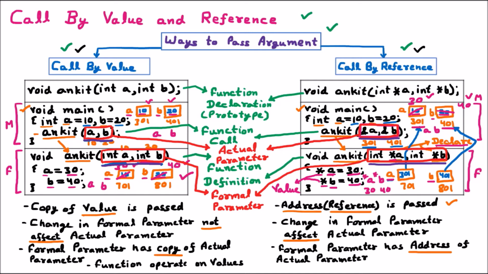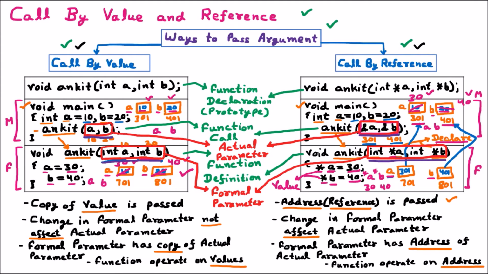So here the address is passed. Or we can say that in the call by reference method, the function operates on the reference or the address. One more difference is that the function in call by value works on values, but the function in call by reference works on the address.